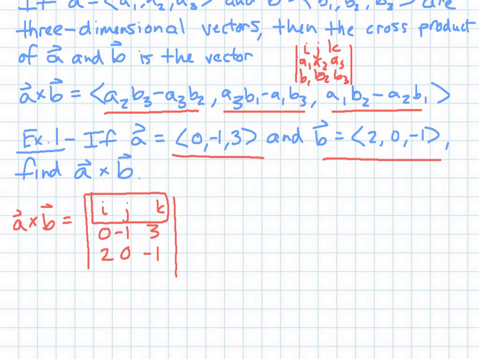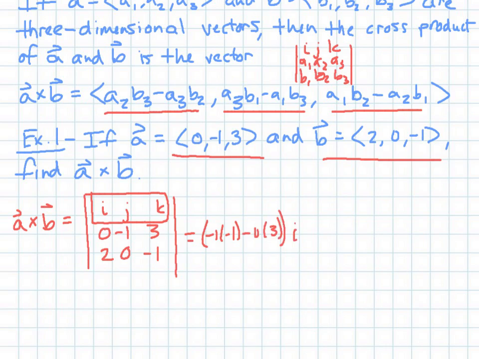Everything else is very similar. So I will take those values in the submatrix, so cross out your row and your column for i. That leaves you with -1 times -1 minus 0 times 3.